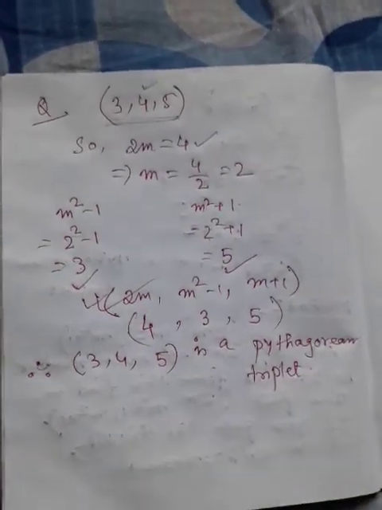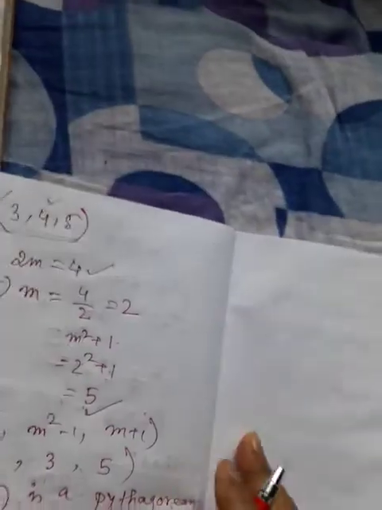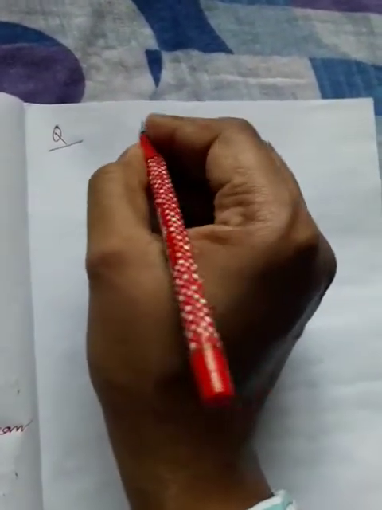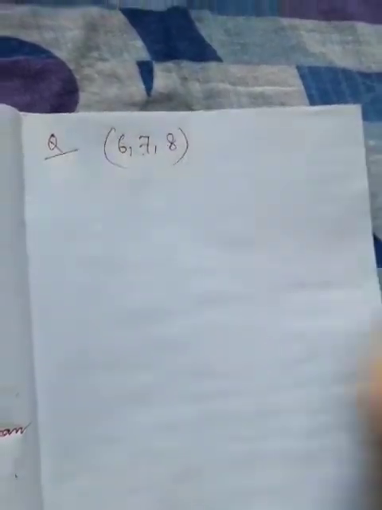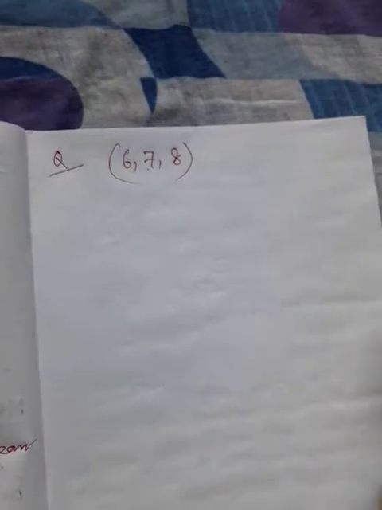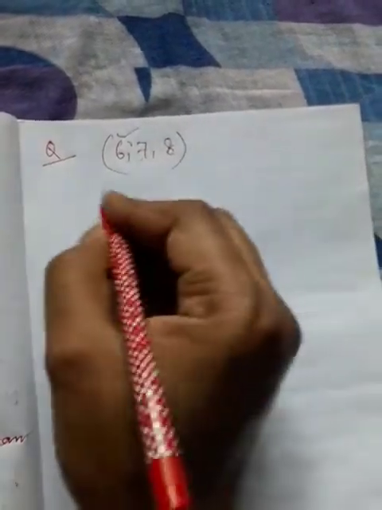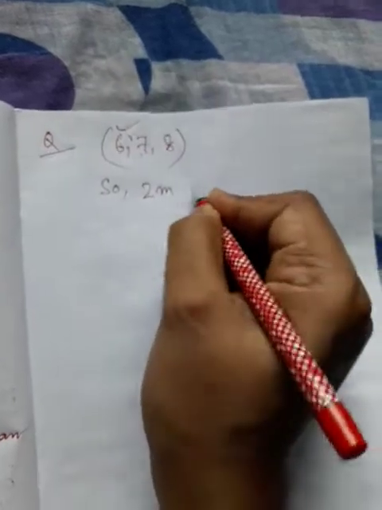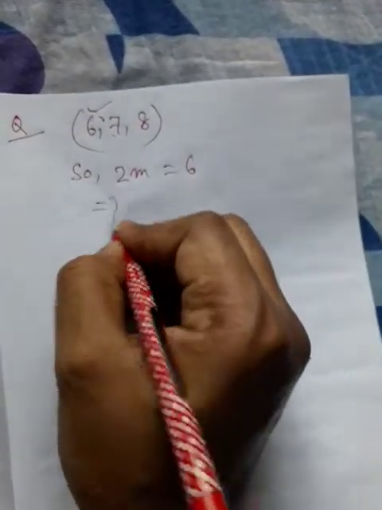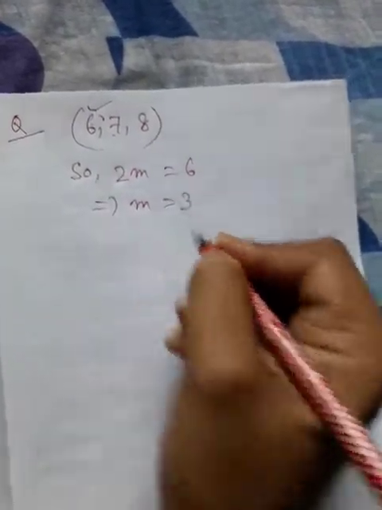Okay, next another example applying method 2. We take 6, 7 and 8. Which one is the smallest even number? Here 6. So 2m is equal to 6, then m is equal to 3.